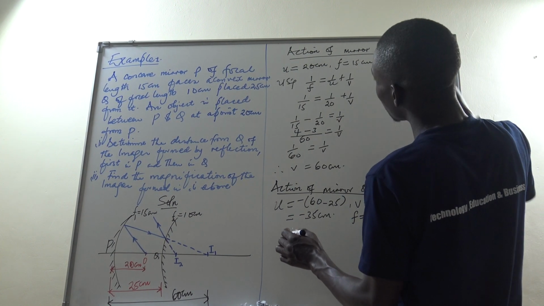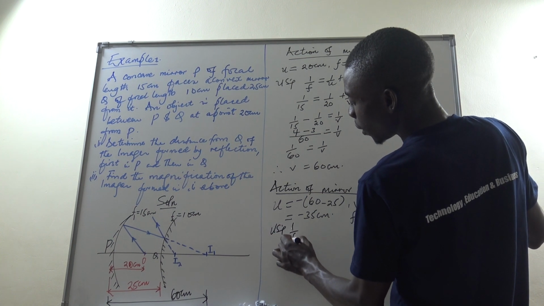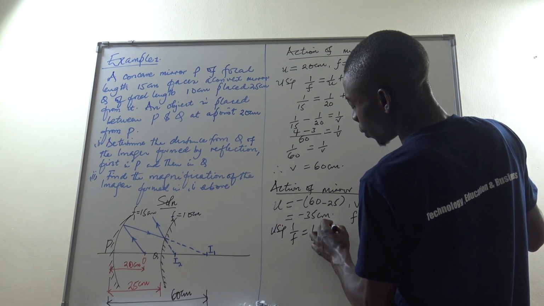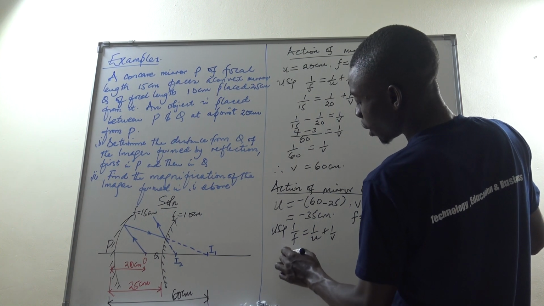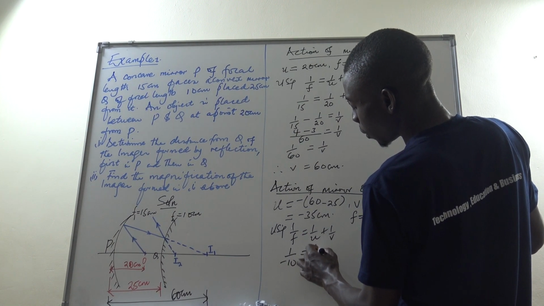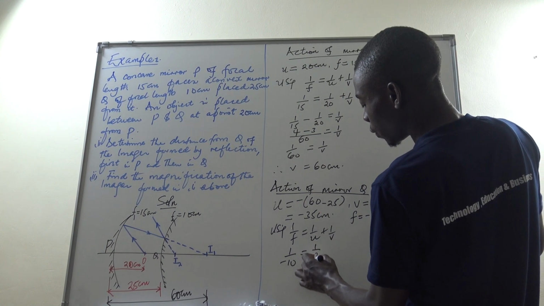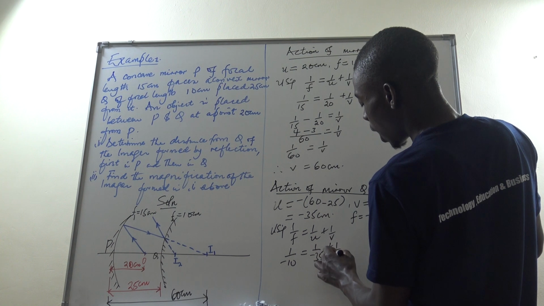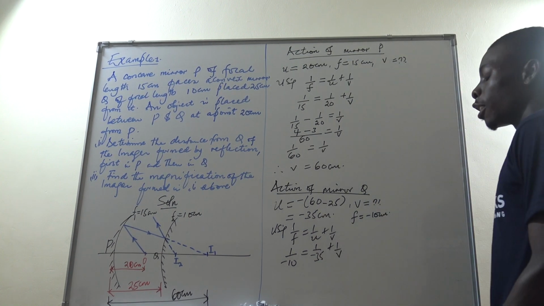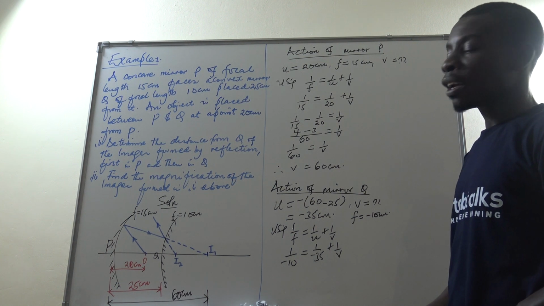So we can still use our formula: 1 out of F equals 1 out of U plus 1 out of V. Then 1 out of negative 10 equals 1 out of negative 35 plus 1 out of V. Is that fine for us?